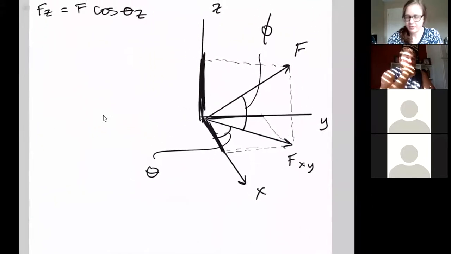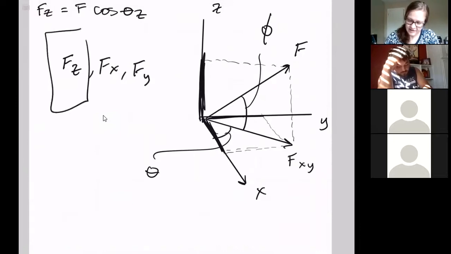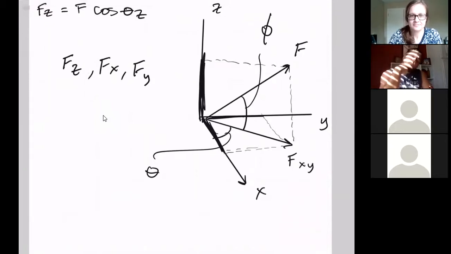So this is the way that's more comfortable. Let's now solve for F of z, F of x, and F of y. F of z is kind of its own angle because it's directly related to that z-axis.